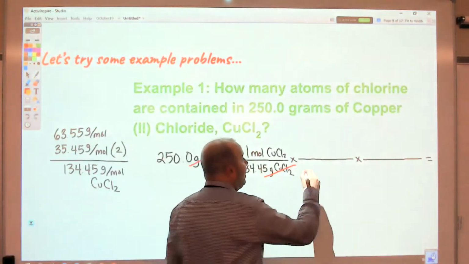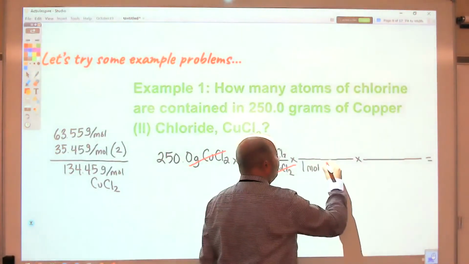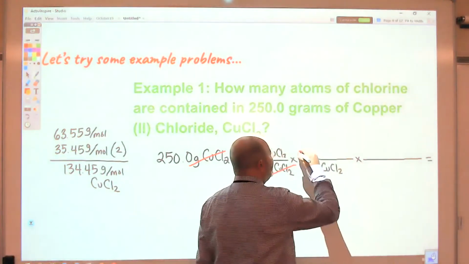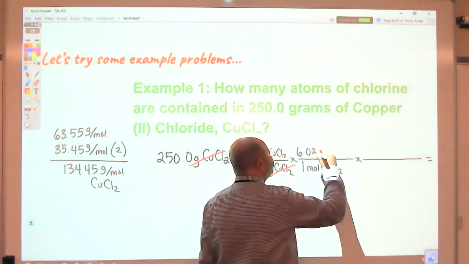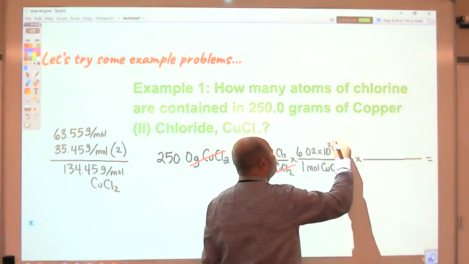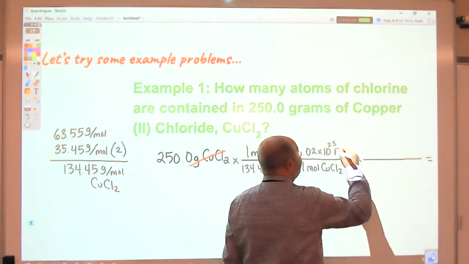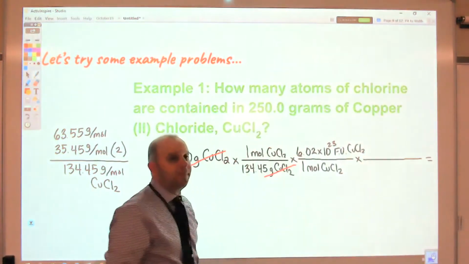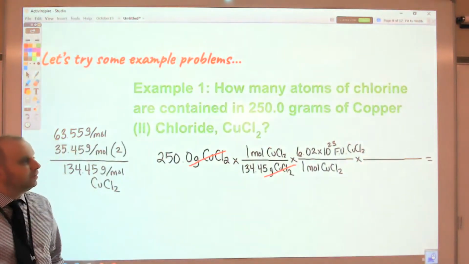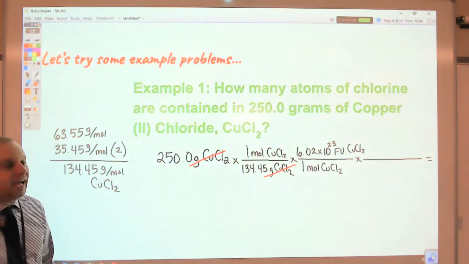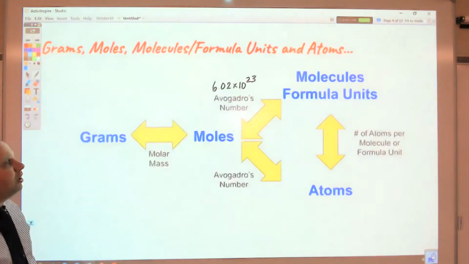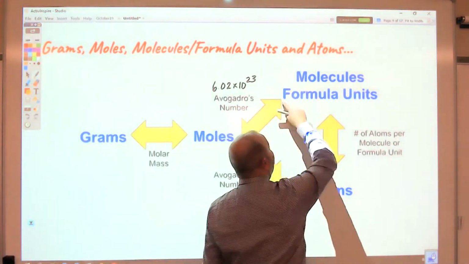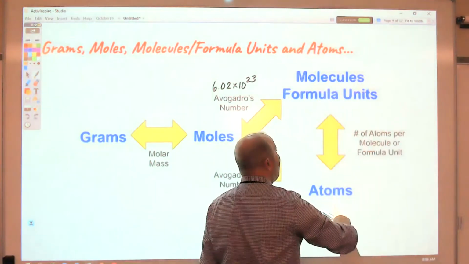In this case, I have 1 mole CuCl2 on the bottom, 6.02 times 10 to the 23rd formula units CuCl2 on top. Finally, in the last section, if you look at our map again, I'm right up here with formula units, and I want to go down to atoms.